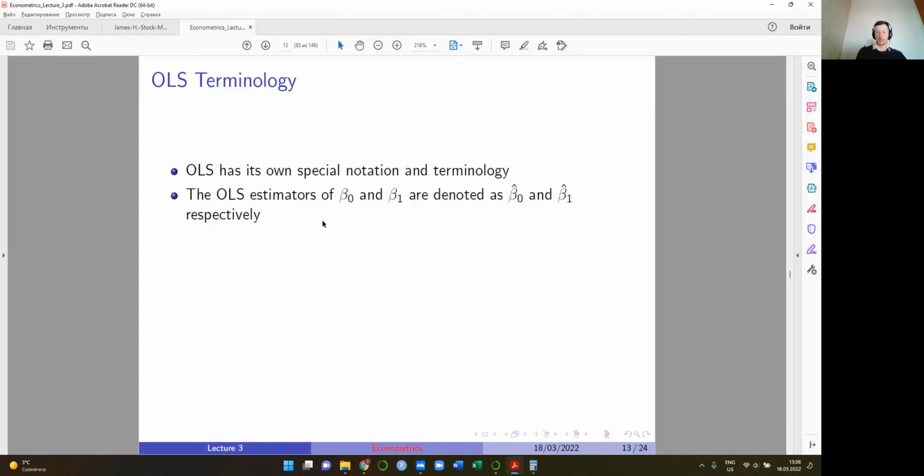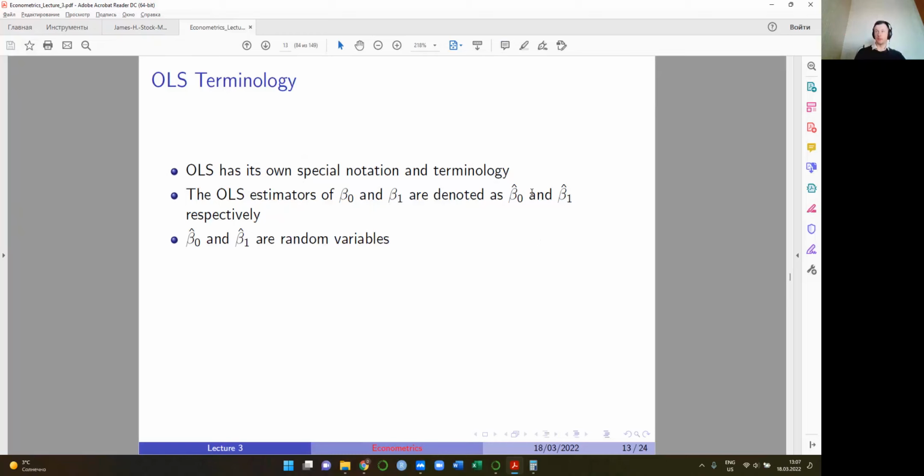As in mathematical statistics, any estimator is represented with this hat above. What is very important, as usual, these two are random variables.